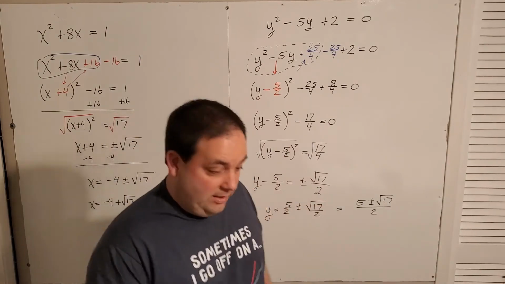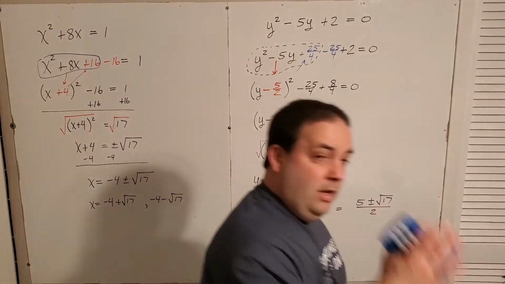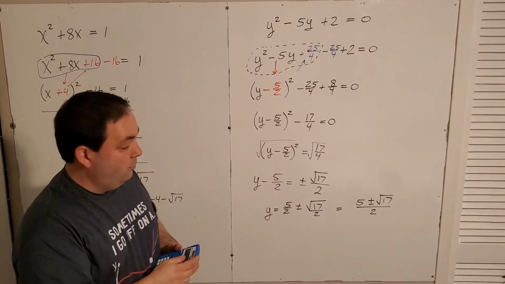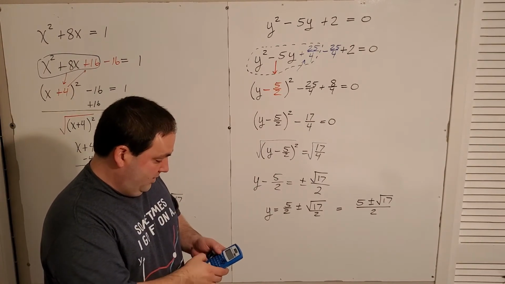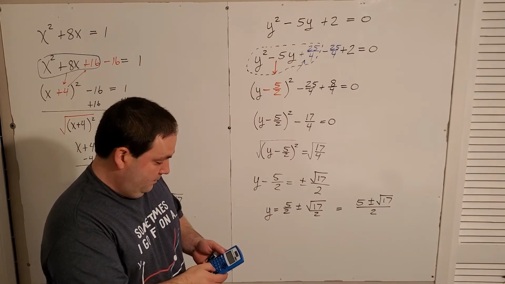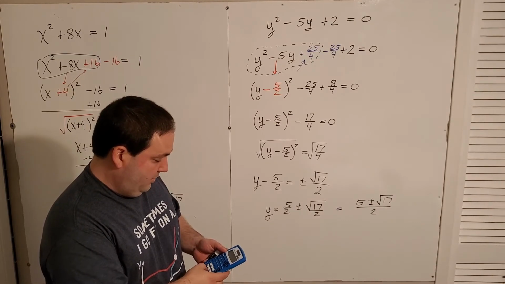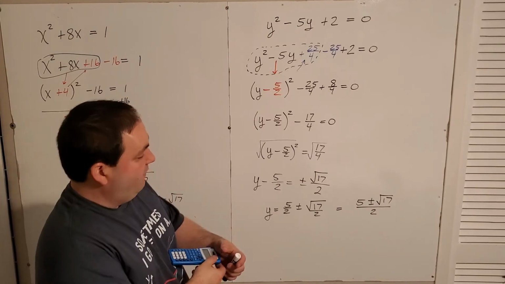In fact, let's practice that, right? Get out your handy dandy time saver and practice with me here. 5 plus square root of 17, enter, divide by 2. I have 4.56.